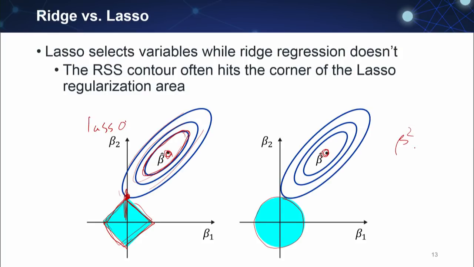The contact point of this constraint circle and ellipse usually is not on the axis. It's somewhere around here, right? If we reduce the size of the constraint circle, then the contact point gets close to 0, but never reaches 0. This is the reason.